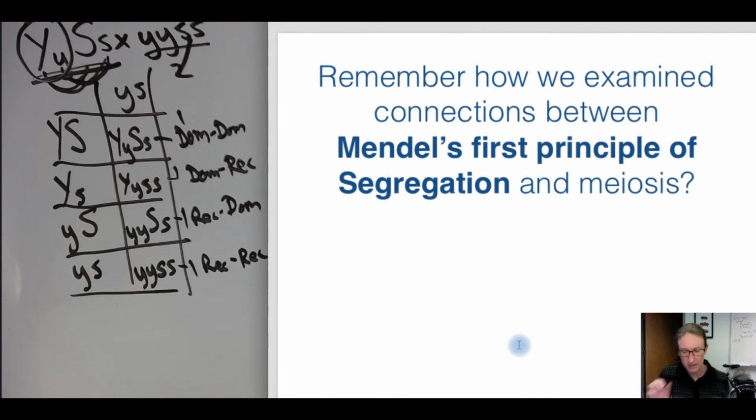So we saw that that was related to meiosis and to metaphase 1 of meiosis, because during metaphase 1 of meiosis, that's where homologous chromosomes separate. And so if each allele is on a different homologous chromosome and they separate during meiosis 1, then each gamete is only going to wind up with a single allele.